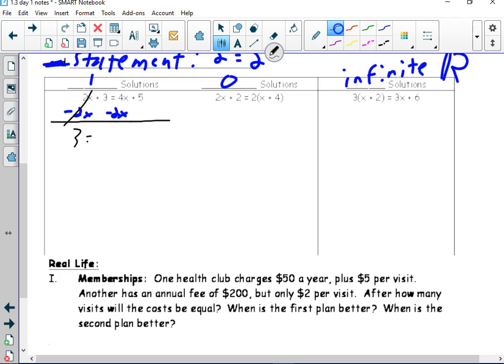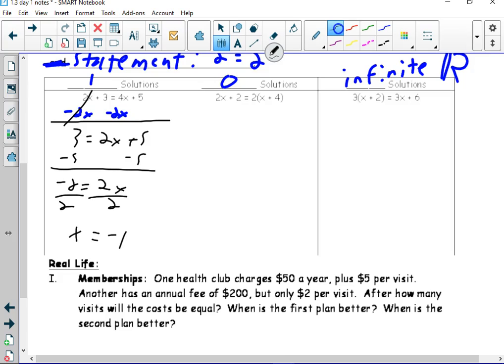And that's going to give me 3 equals 2x plus 5. And then I'm going to subtract 5. And I'm going to get -2 equals 2x. Divide by 2. x equals -1.